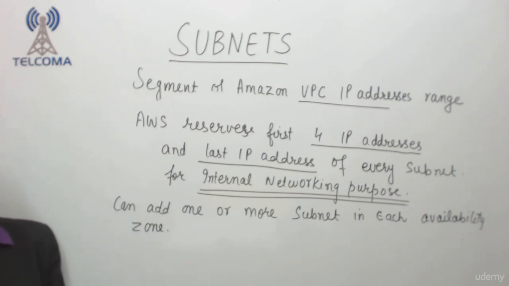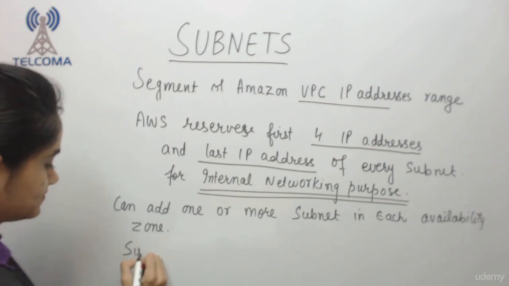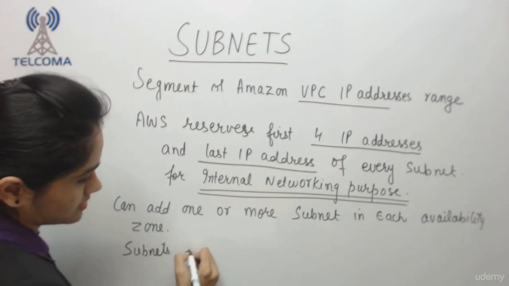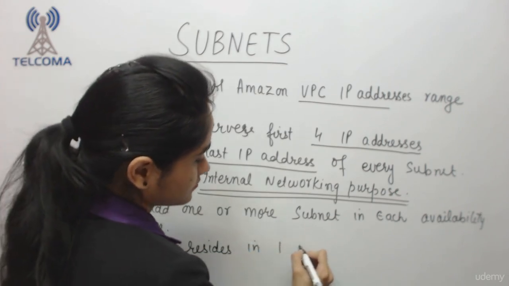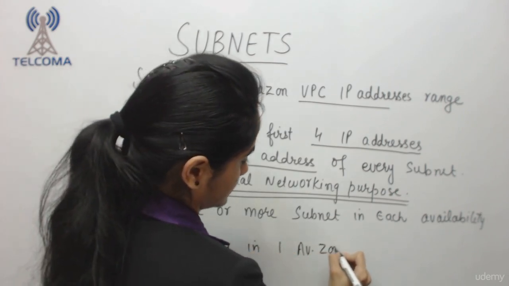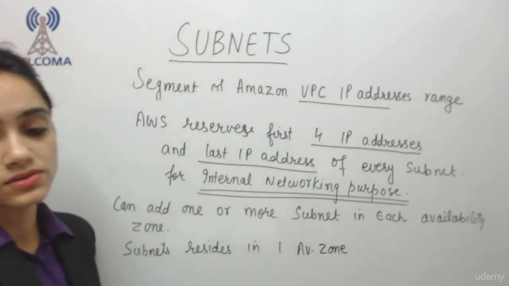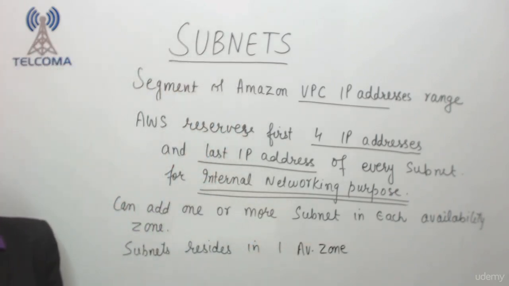These subnets reside within one availability zone and cannot span zones. That means it cannot be extended further.